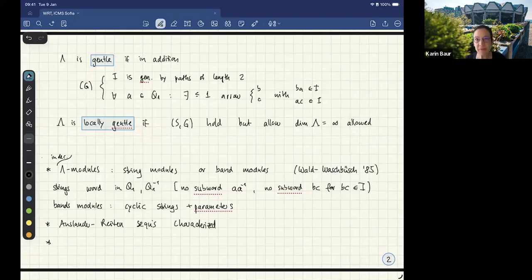That's also from the 80s. And you can describe the morphisms and the extensions, all on the algebraic side.